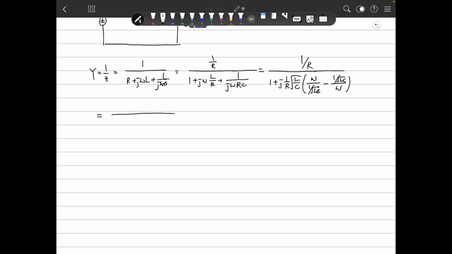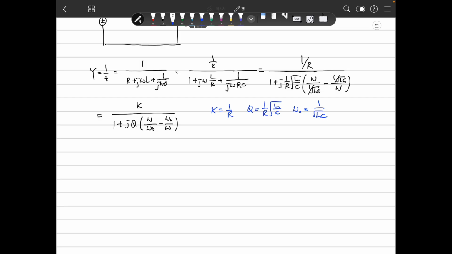We can present this as K over 1 plus JQ in the same manner. So we can write K will be 1 over R, Q will be 1 over R root of L over C, then omega 0 will be the same thing.